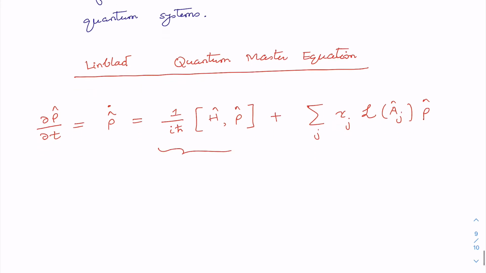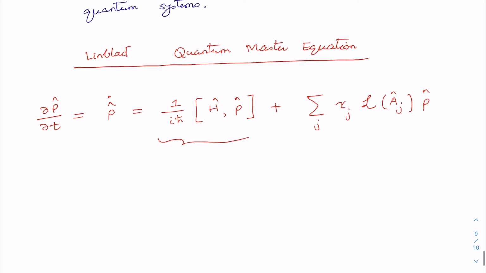So this part refers to the coherent evolution of the system, and this can be very easily worked out using the Schrödinger equation. It's also called the von Neumann equation, this part along with this one.